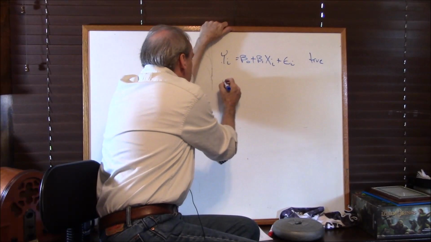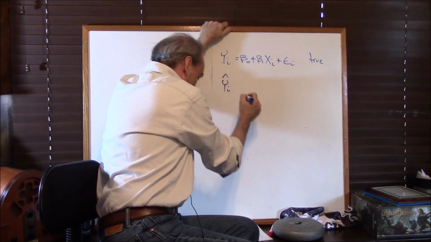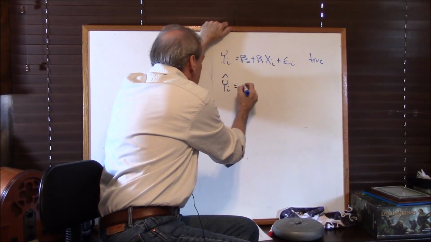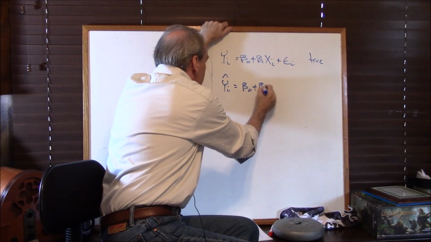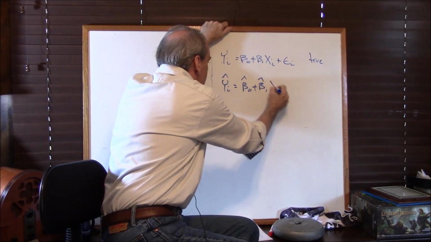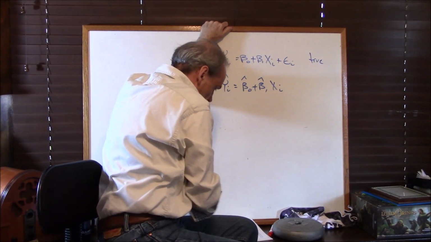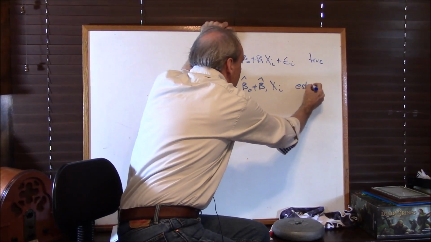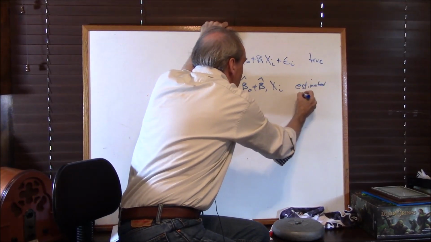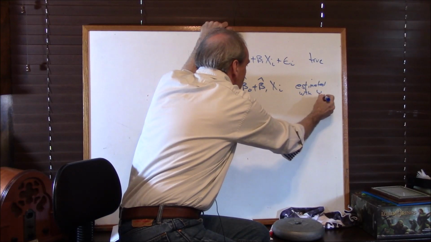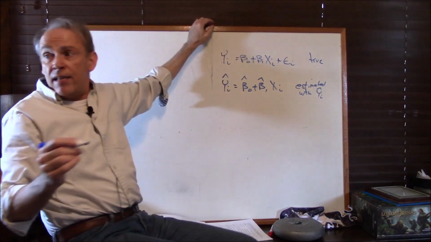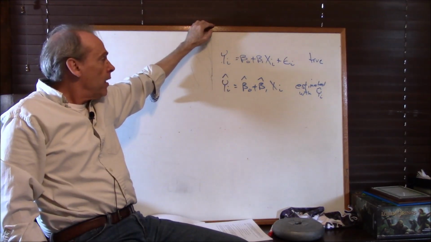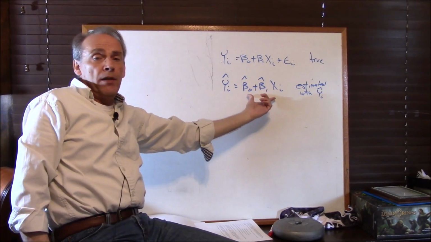Now I've got two versions of the estimated equation. Hat, hat. Estimated with y hat at the far left, all right? This is just the line that you estimated.